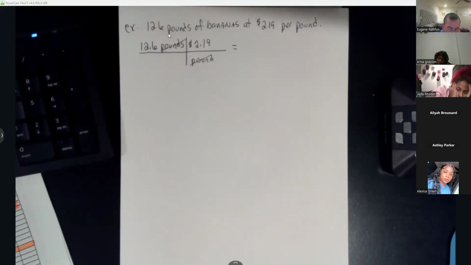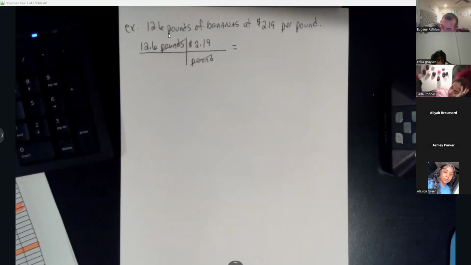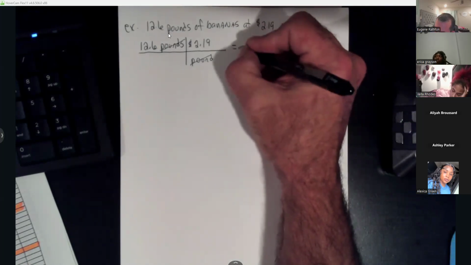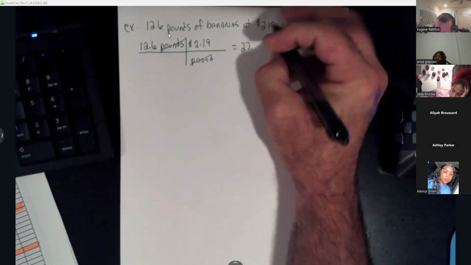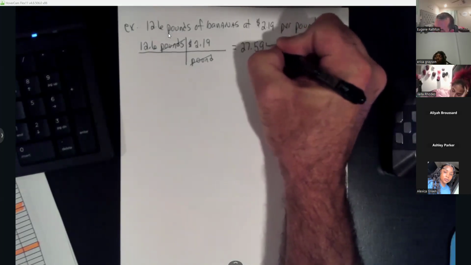MATLAB says round to the nearest cent, so that's 2 decimal places. If I take 12.6 and multiply by 2.19, that equals 27.594.